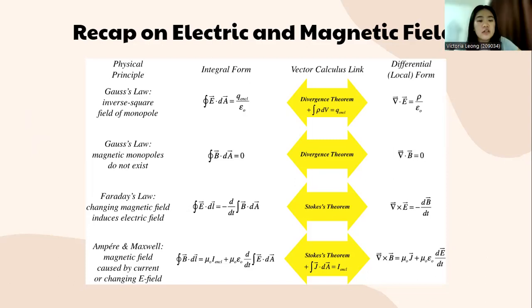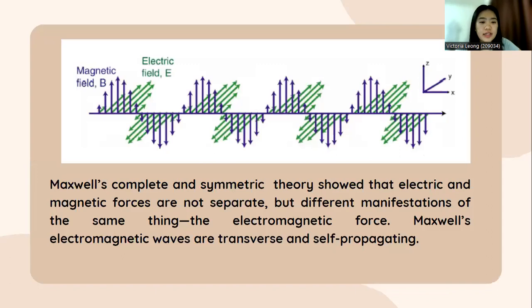Thank you, Peeraga. So now that after Peeraga's explanation of the four equations, we are able to see that Maxwell's complete and symmetric theory of these four equations has shown that electric and magnetic forces are not separate, but different manifestations of the same thing, which is the electromagnetic force. Maxwell's electromagnetic waves are transverse and self-propagating.